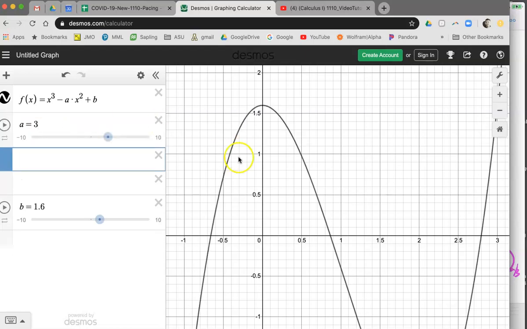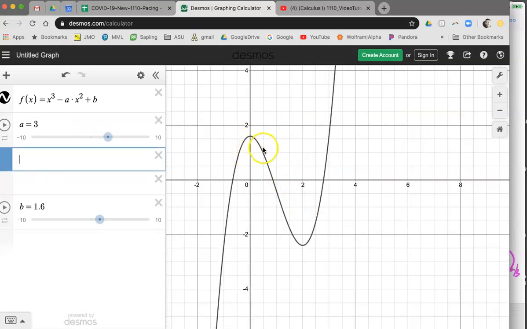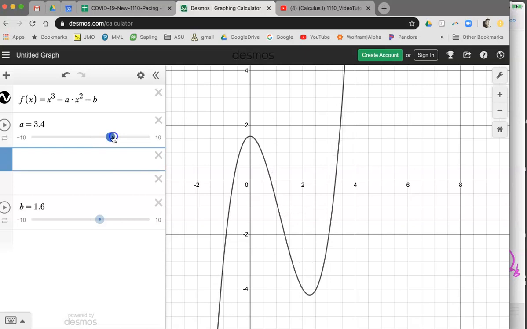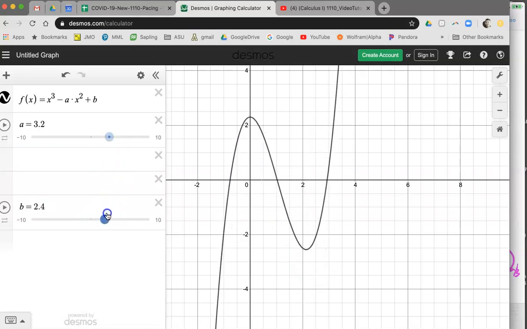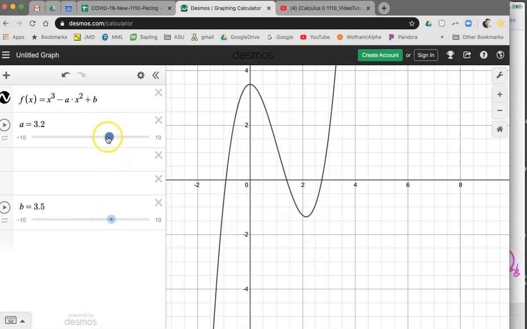So when a is equal to 3, can you see we now have a critical number at 2 times 3 over 3, which is 2? It's still a local minimum because that's what the sign line said. And we still have a local maximum at 0. And so no matter what a and b are, we're going to have a local maximum at 0 and a local minimum at 2a over 3.